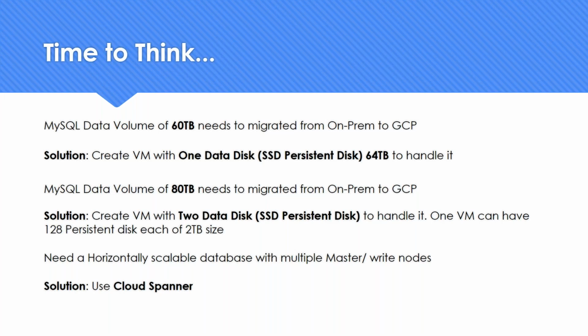So you can think of this entire exercise as a lead to the next module. Why should you think slightly different from Cloud SQL? So if the volume is slightly high, or you need a horizontally scalable database, adding more nodes whenever you need, a better choice is to use a product called Spanner. So let's look into what is Spanner.